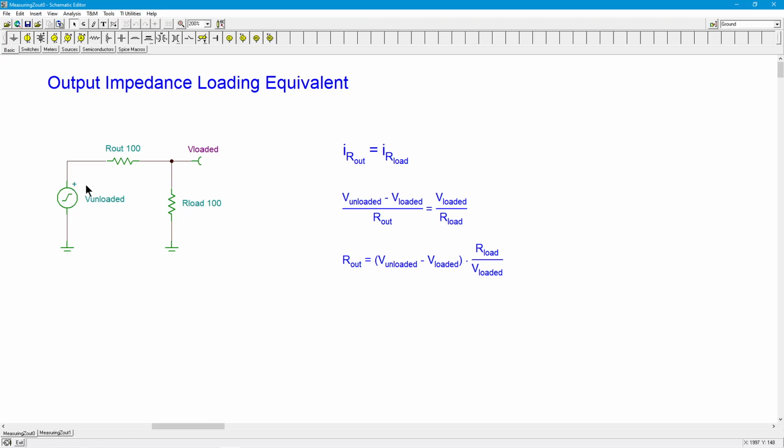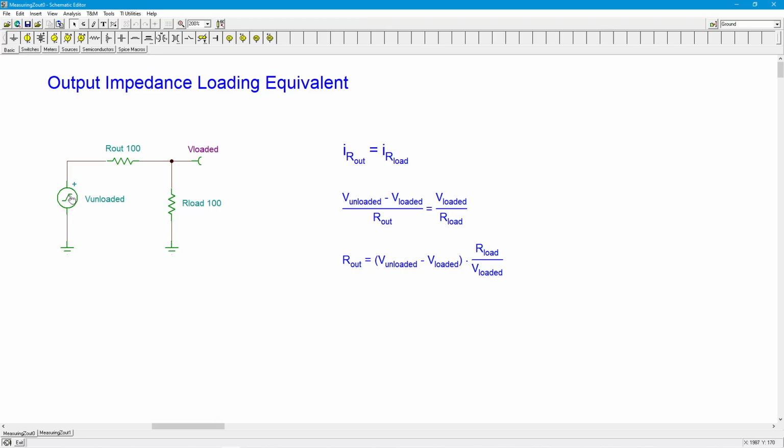That basically tells you what V unloaded is, because there's no load. Then you turn around and throw the load on, and you measure that voltage again. That's your V loaded. So you now have V unloaded, V loaded, and of course you know what your actual load resistor is. So we can now apply the formula.